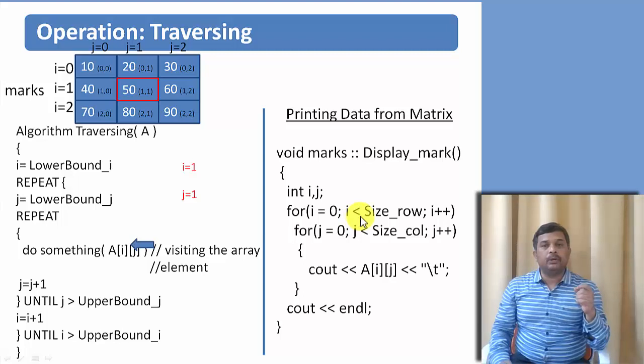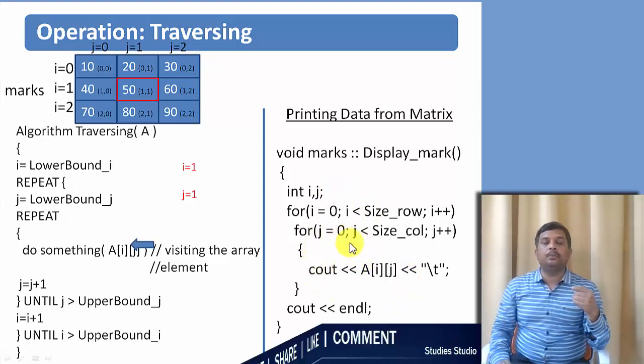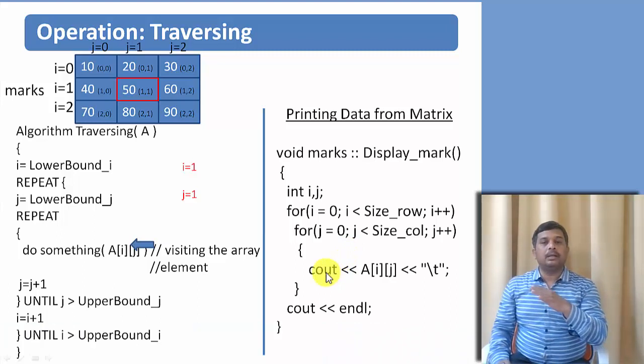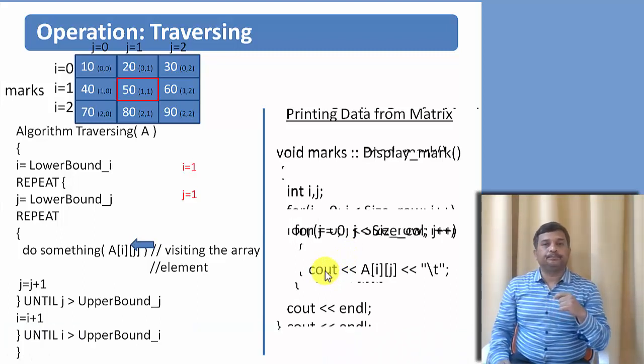So for i equal to 0, i less than row size, i plus plus, j equal to 0, j less than row size, j plus plus, I print the a[i][j] element. The inner loop will continue first for i equal to 0. After the exhaustion of the inner loop, i is incremented by 1. Again the whole loop of j continues. Like that, we get the total output.